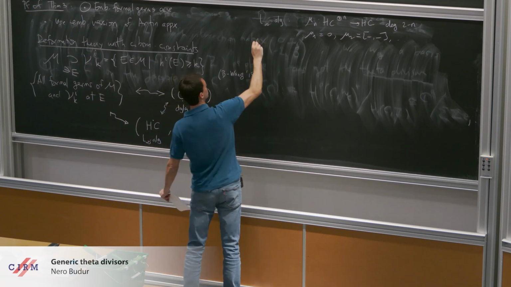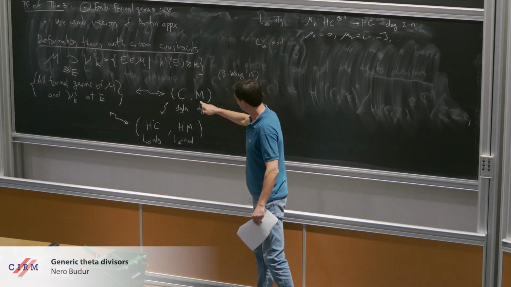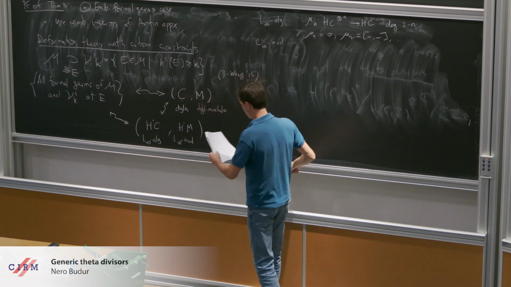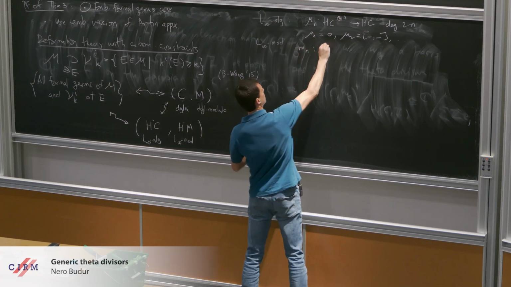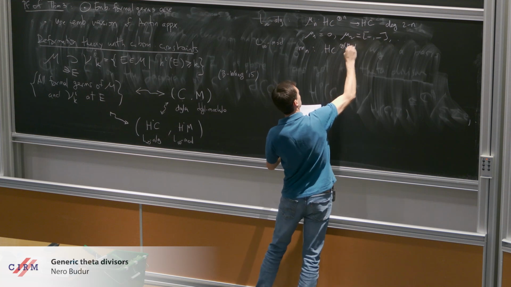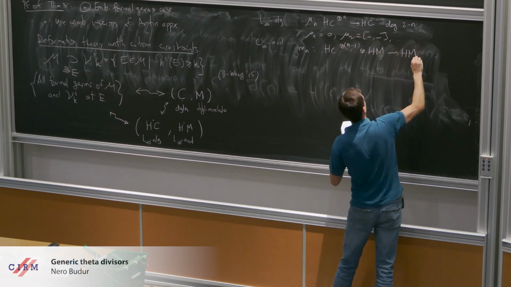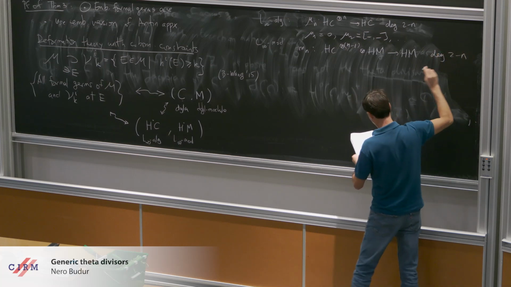And the L-infinity module structure means that there are higher order multiplication maps from C on M. So M_n are these higher order multiplication maps, also graded of degree 2 minus n.